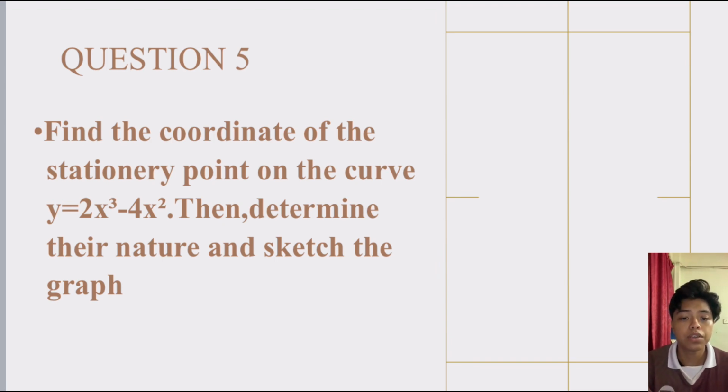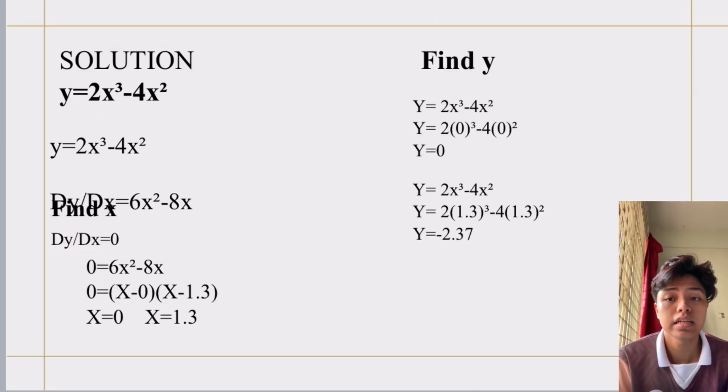I will present question 5. The question is: find the coordinates of the stationary points on the curve y = 2x^3 - 4x^2. Then determine their nature and sketch the graph. For the solution, y = 2x^3 - 4x^2.